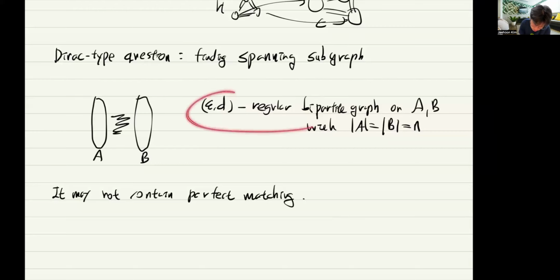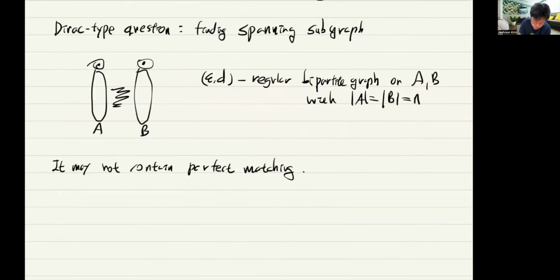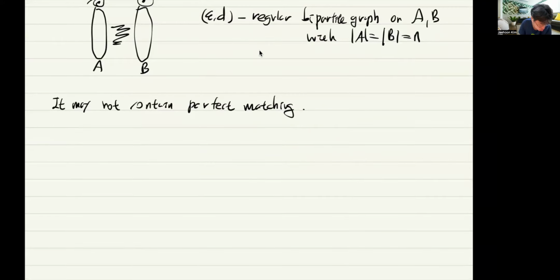Again, these epsilon-d regular conditions are global conditions, so there could be some isolated vertex. It could still be epsilon-d regular with an isolated vertex, so it may not contain a perfect matching. In order to obtain a perfect matching, we need some local condition.